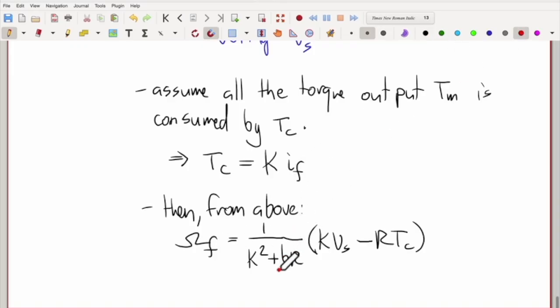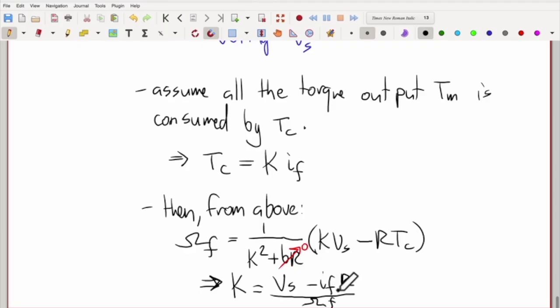So we're assuming in this case that our b is 0, so we can neglect this term in the denominator. And we can do some rearrangement, and we get that k is equal to (vs minus If r) over omega f, where we have also used this equation in here to replace Tc.